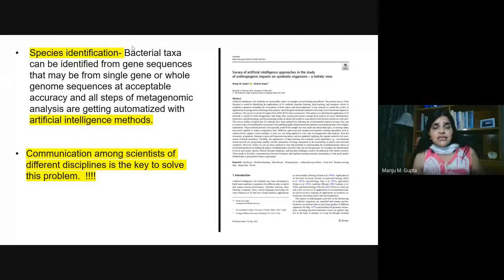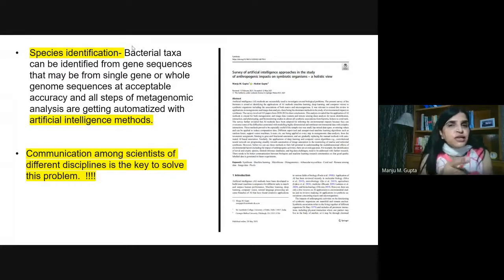I realized that species identification with these metagenomic data analysis methods has reached quite an acceptable level. I read and analyzed several papers, and I realized that it is getting automatized with artificial intelligence methods.